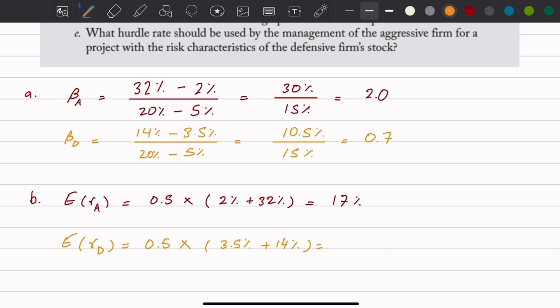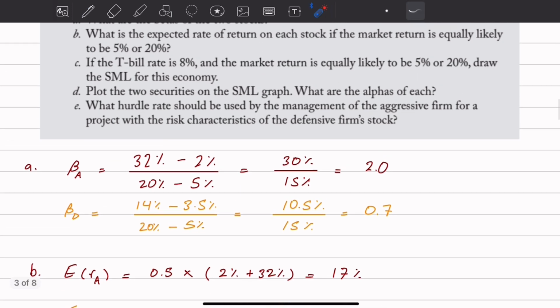Turn to our calculators. 3.5 plus 14, that's 17.5 multiplied by 0.5, that's 8.75%. All right, and that is the answer to requirement B. Now let's read the next one.